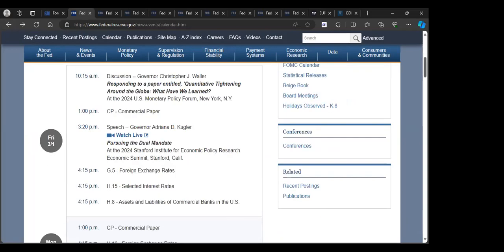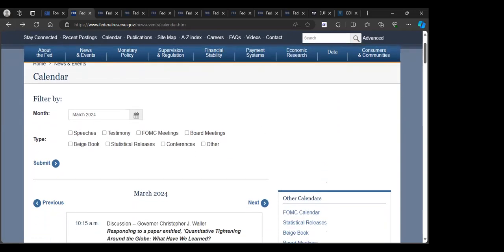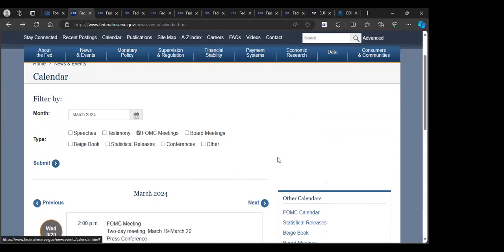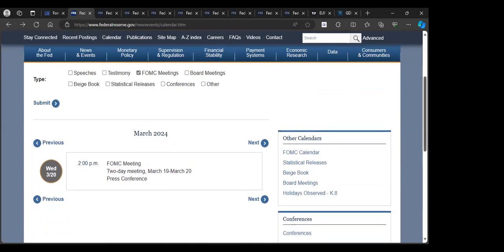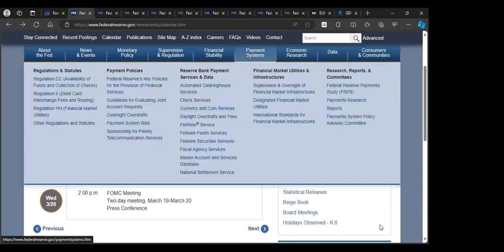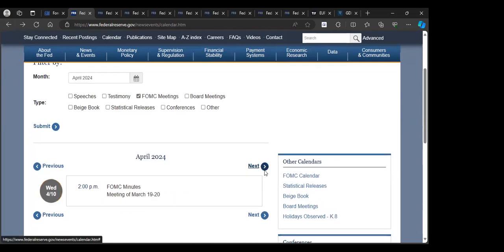And then also just the overall calendar in general. You can come here, sort through things, see when the Fed meetings are going to be, and then proceed from there.